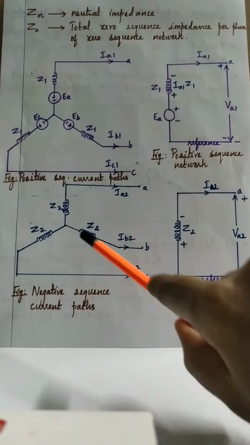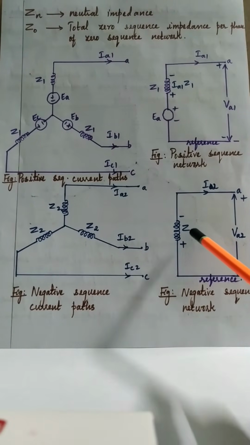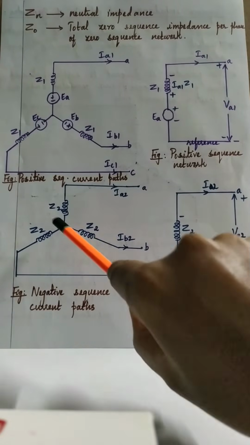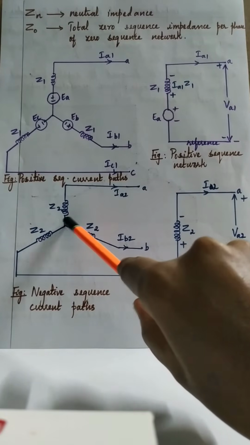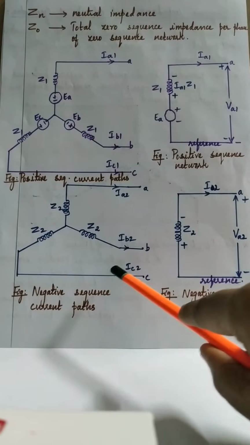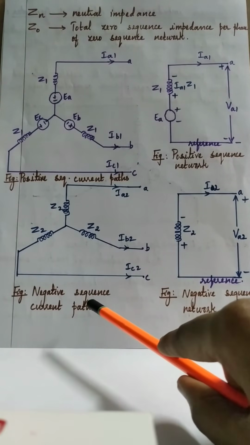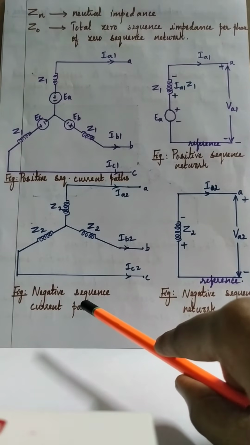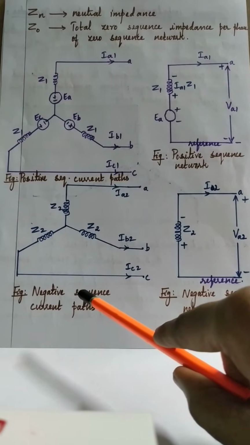Coming to the negative sequence network, we consider only the negative sequence impedance. We don't consider the generated EMFs. What is the reason we removed the generated EMF? Because negative sequence components don't satisfy the characteristics of a balanced system. They have the same magnitude and even a 120 degree phase angle, but they do not have the ABC sequence.